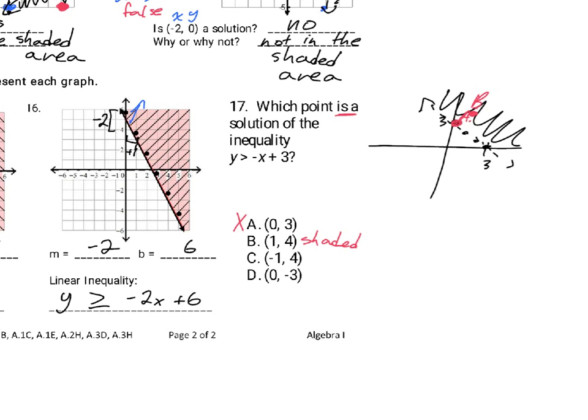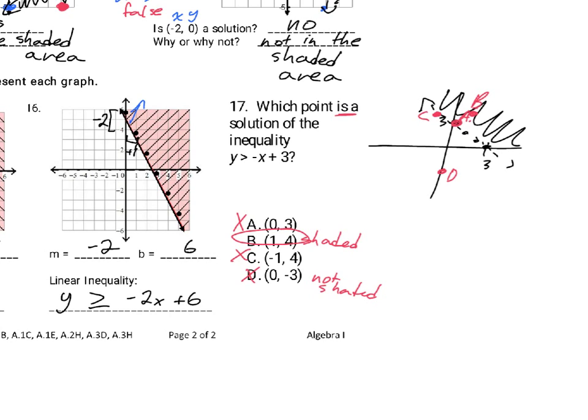Negative 1, 4 would actually be on the dashed line, so that one's out too. 0, negative 3 is way down here, and so it wouldn't be in the shaded area. So that one is out too. So it does end up being B.